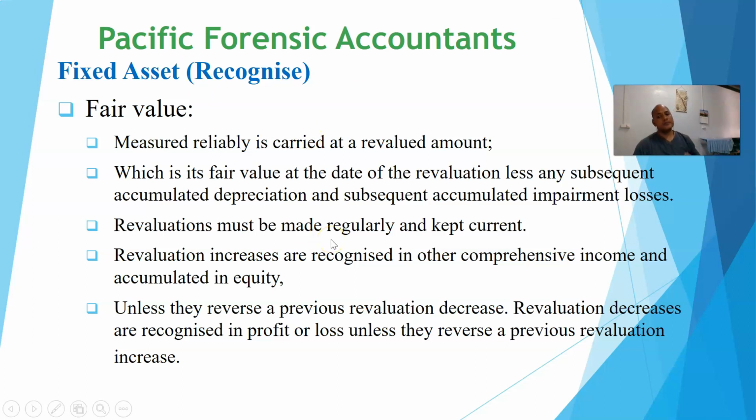Revaluation must be made regularly and kept current. So they must be upgraded to the current market value in an existing economy, for example. The valuation here has to be made on an annual basis before we disclose it in the financial statement.